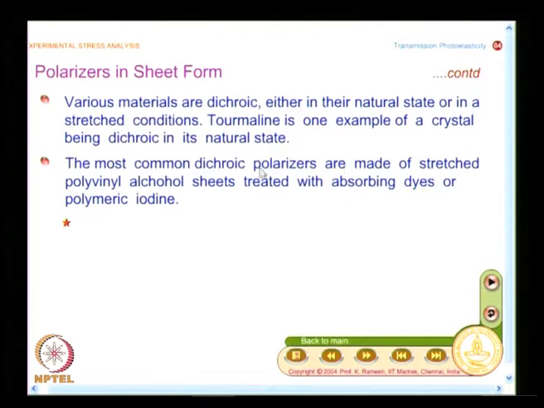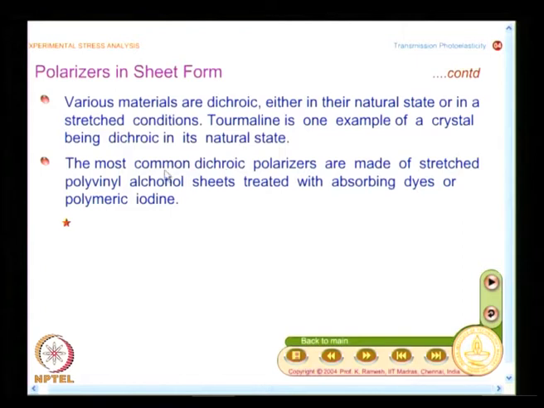In general, they are stretched polyvinyl alcohol sheets treated with absorbing dyes or polymeric iodine. So, various materials are dichroic either in their natural state or in a stretched condition. Tourmaline is one example of a crystal being dichroic in its natural state.